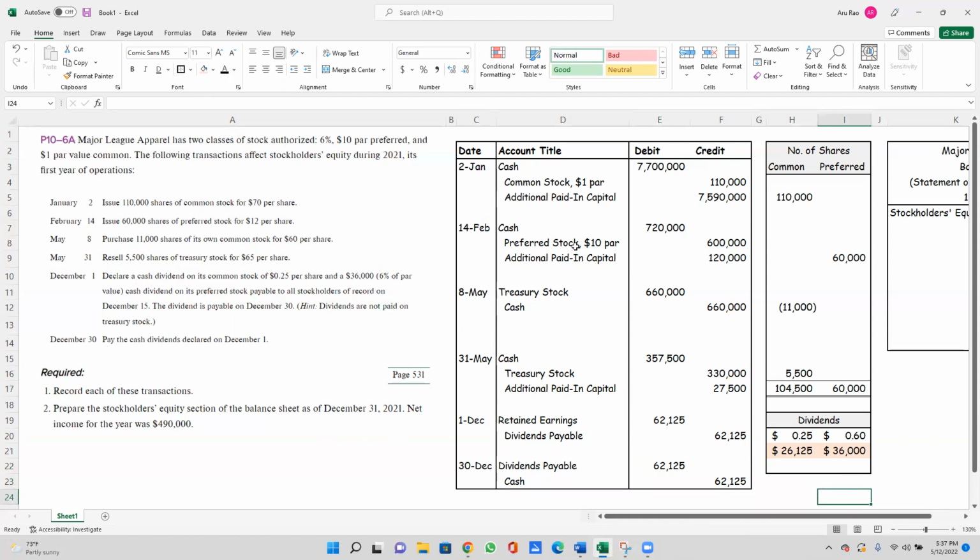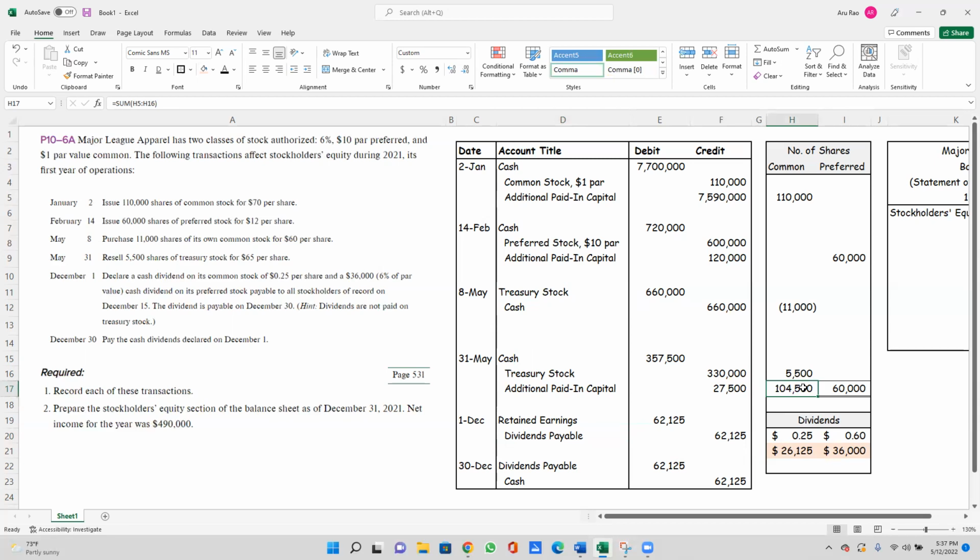So we have gone through the process of issuing stocks above par value, or common stock and preferred stock. We bought back our shares and then we sold them again. Again, when we sold them, we sold it at more than what we bought it back at. We bought it for 60, we sold it for 65. Dividends are payable only on the shares outstanding.